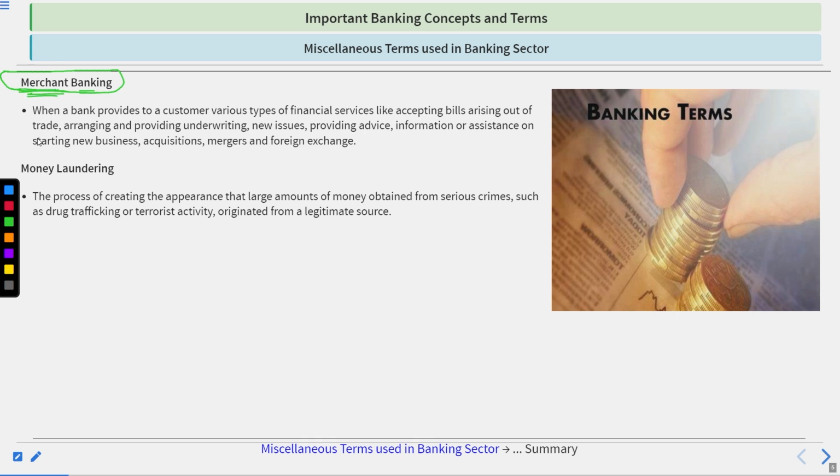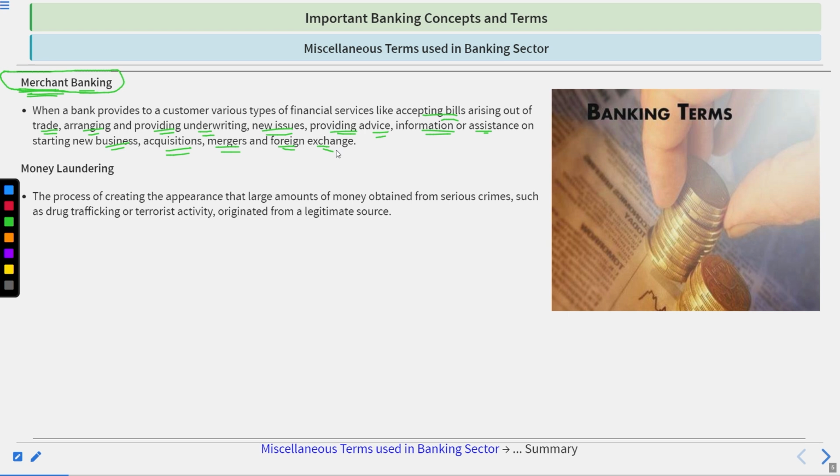When a bank provides a customer various types of financial services, like accepting bills arising out of trade, arranging and providing underwriting, new issues, providing advice, information or assistance on starting a new business, acquisitions, mergers, and foreign exchange, then it is known as merchant banking. Merchant banking is typically different from the retail banking that we usually experience.